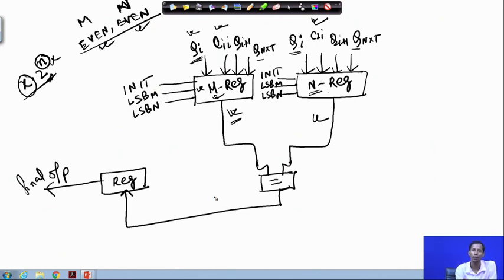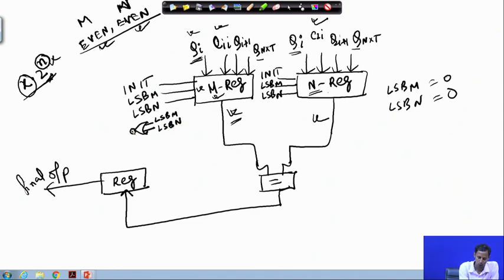How can I determine that these are even positions? That is when the LSB of m and LSB of n are both 0. So I need one NOR gate with the LSB of m and the LSB of n as inputs, which tells me this is the position where both are 0.